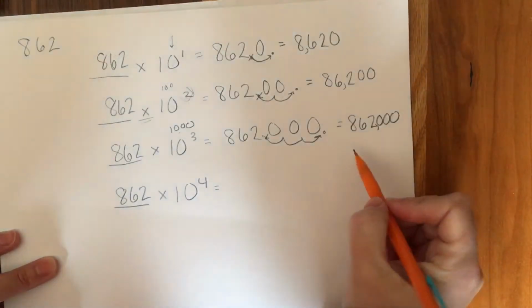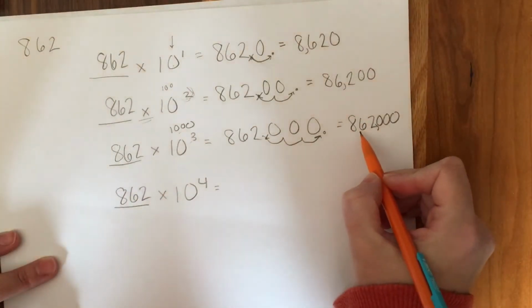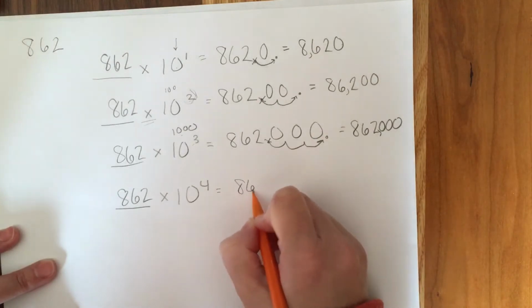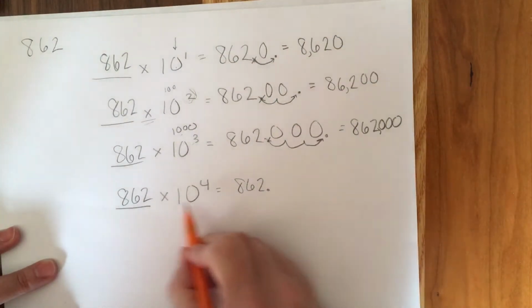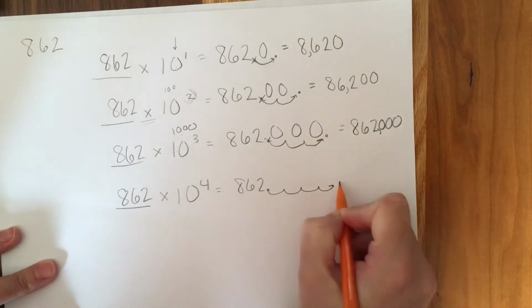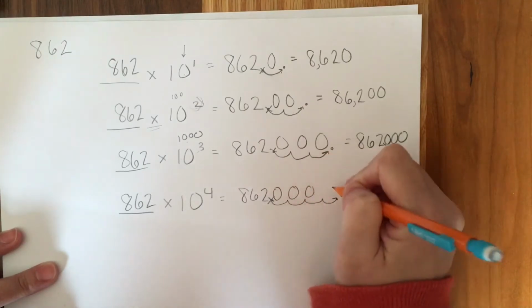This one I have 862 times 10 to the third is 862,000. And then finally our last problem here, 862 times 10 to the fourth. We're going to jump 1, 2, 3, 4 places that way. Cross off our old decimal. I have 4 empty baskets.